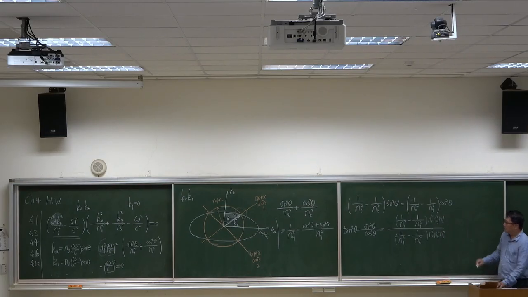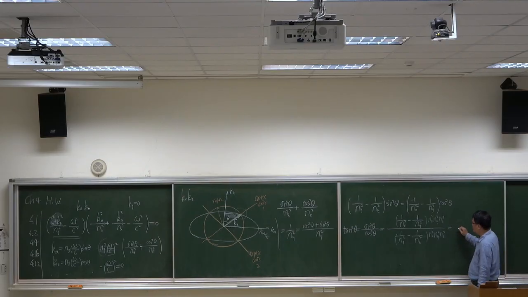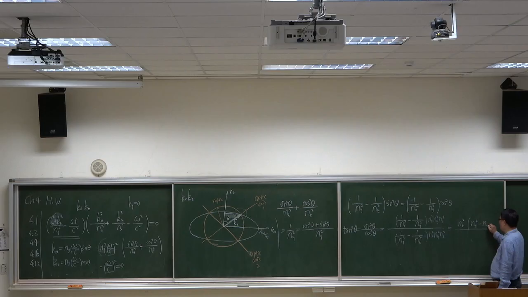Okay, so this gives us nz squared times ny squared minus nx squared. Okay, and this gives us nx squared times nz squared minus ny squared. Okay.